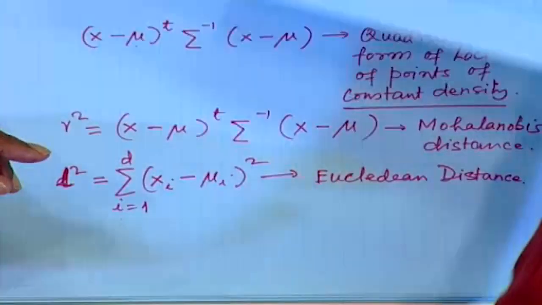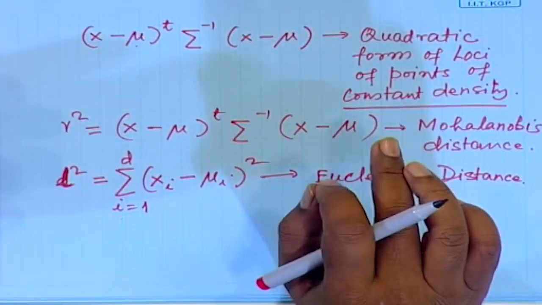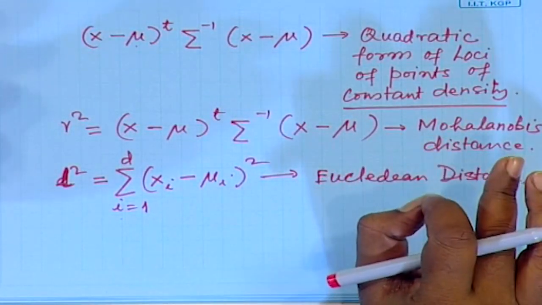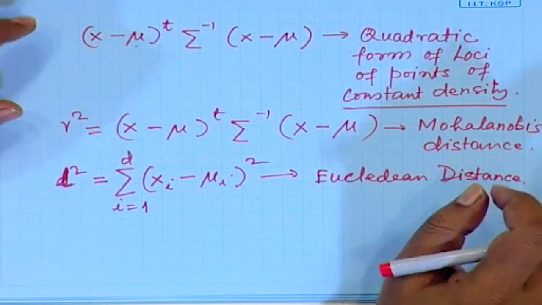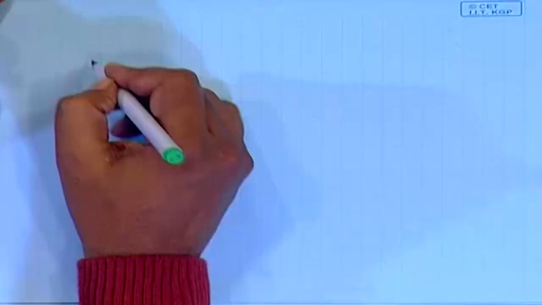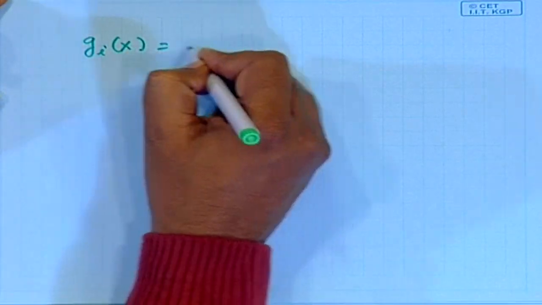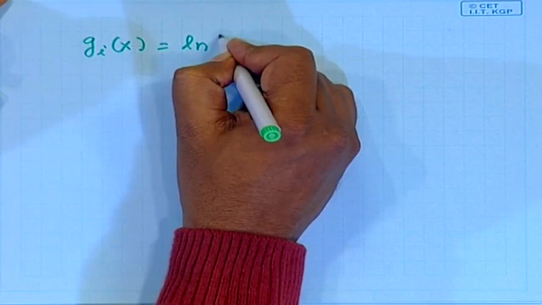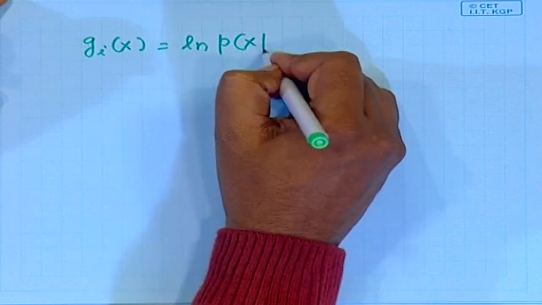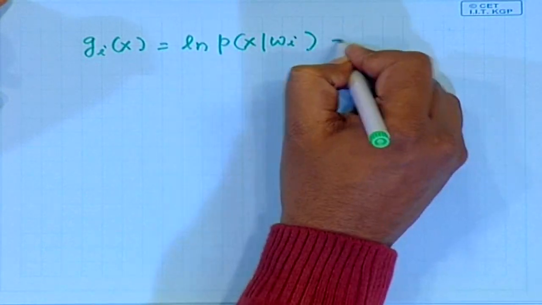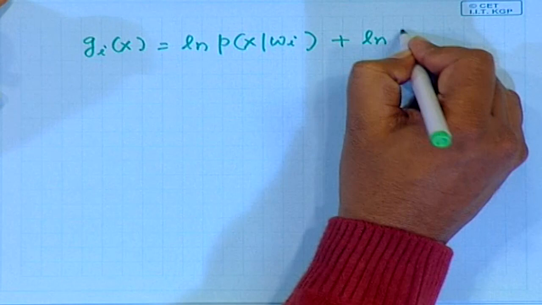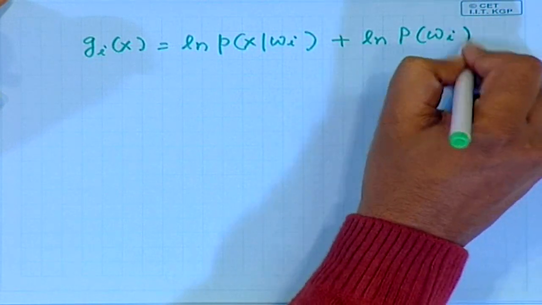So, our purpose is to find out g_i(x), which is the discriminant function. As given, g_i(x) is nothing but ln p of x given omega i plus ln p of omega i.